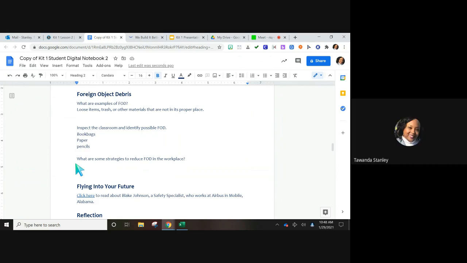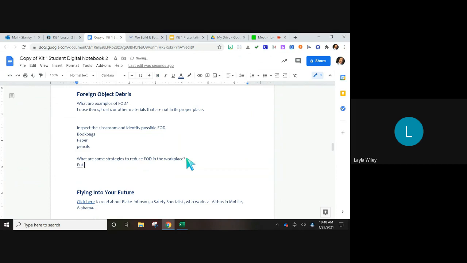Okay, put pencils in the pencil pouch. Layla, what you got? Be more organized. Okay, be more organized.